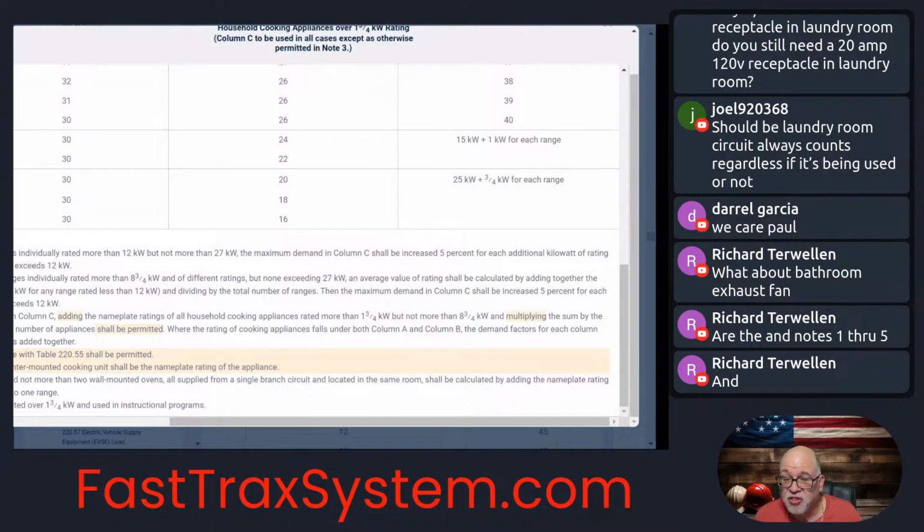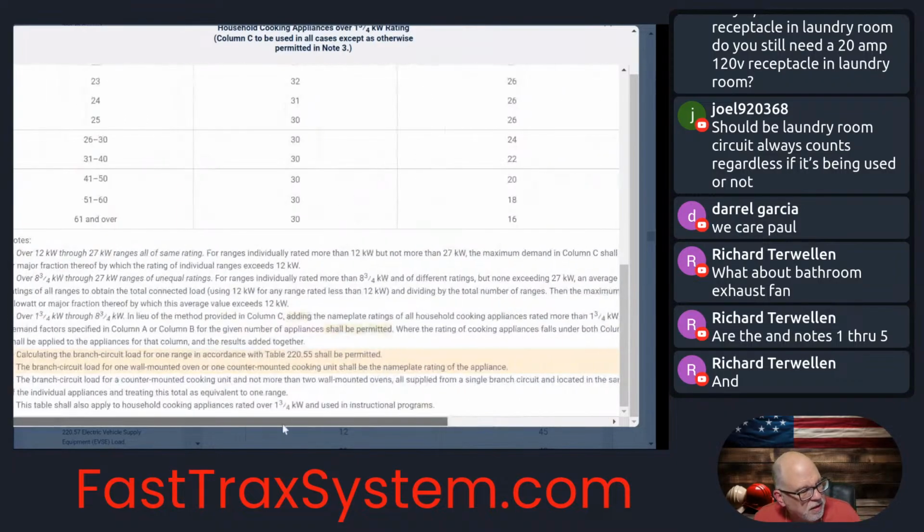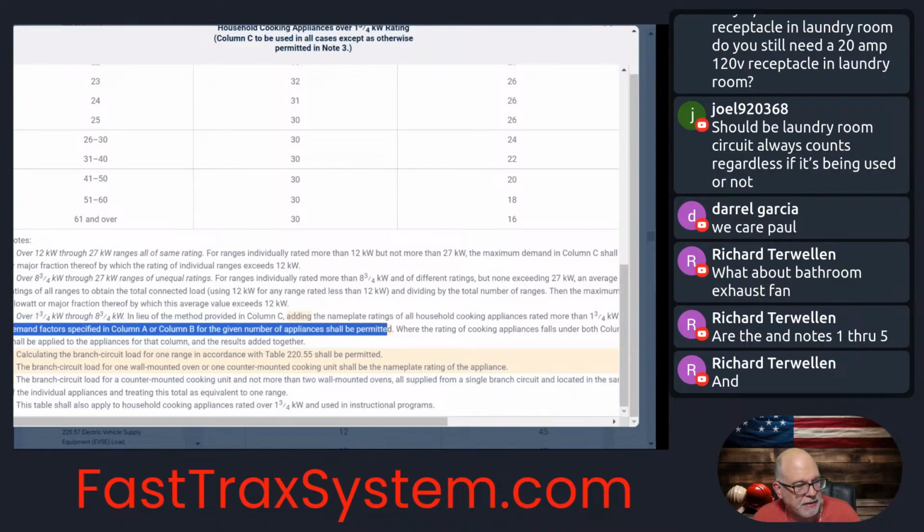So you add the sum of them together and multiply the sum, that means adding the two together, by the sum of the demand factor specified in column A or column B for a given number of appliances shall be permitted.